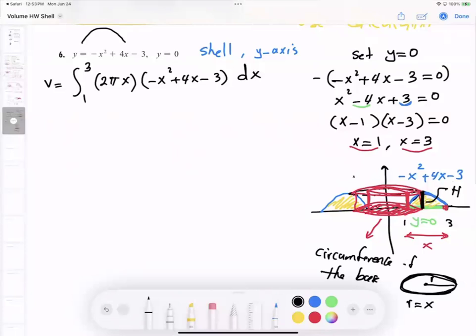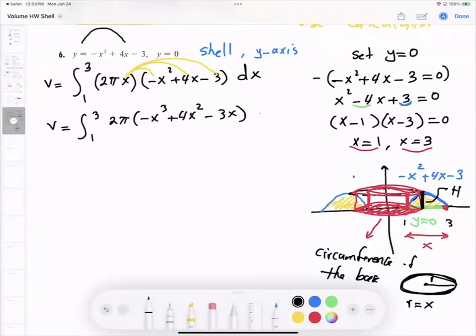Very good. So distribute x into the parentheses. The rest is very simple. The volume is equal to the integral from 1 to 3 of 2 pi times negative x cubed plus 4x squared minus 3x dx.